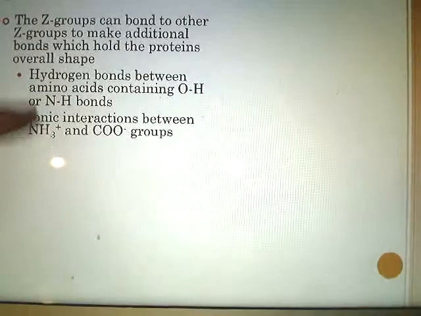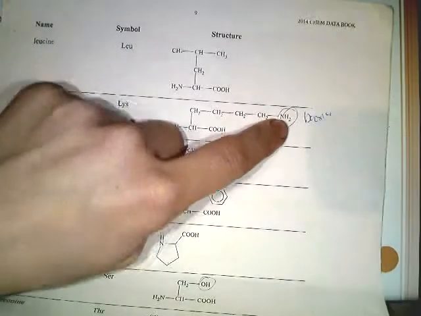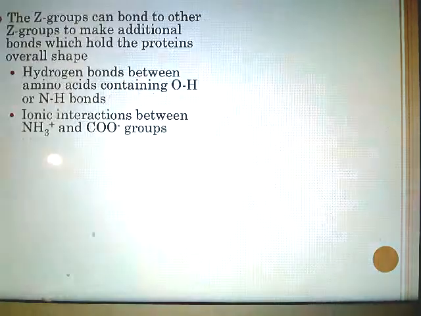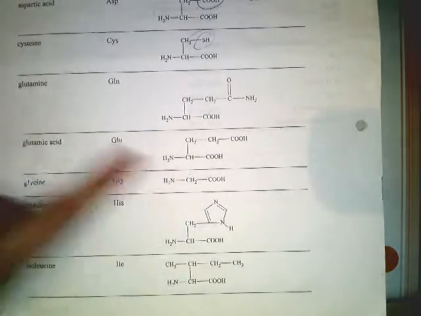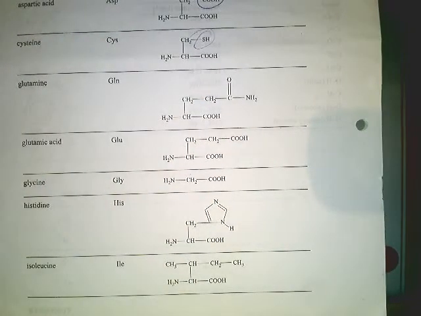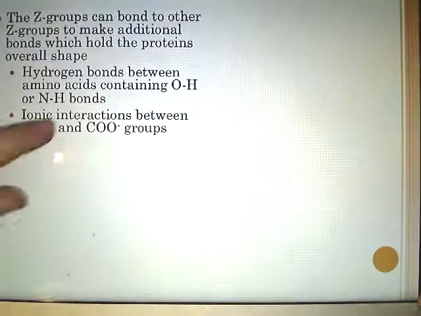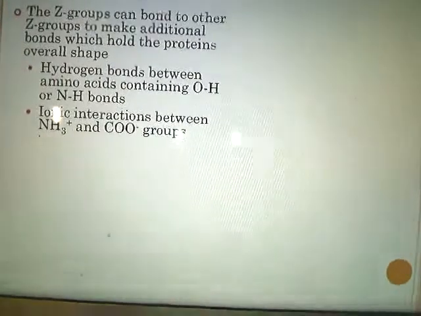So if there's an NH2 group, let's just say in lysine, let's say that this becomes NH3+, and aspartic acid becomes COO negative, or glutamic acid becomes COO negative. They can bond together, forming an ionic bond. It's also known as a salt bridge.